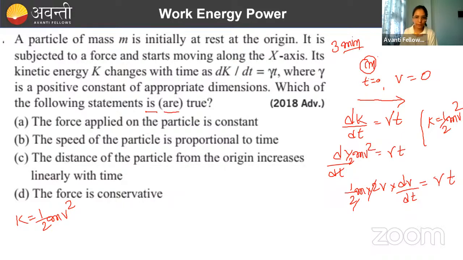Now if you see carefully, this is mv dv equal to gamma t dt. Something like this.